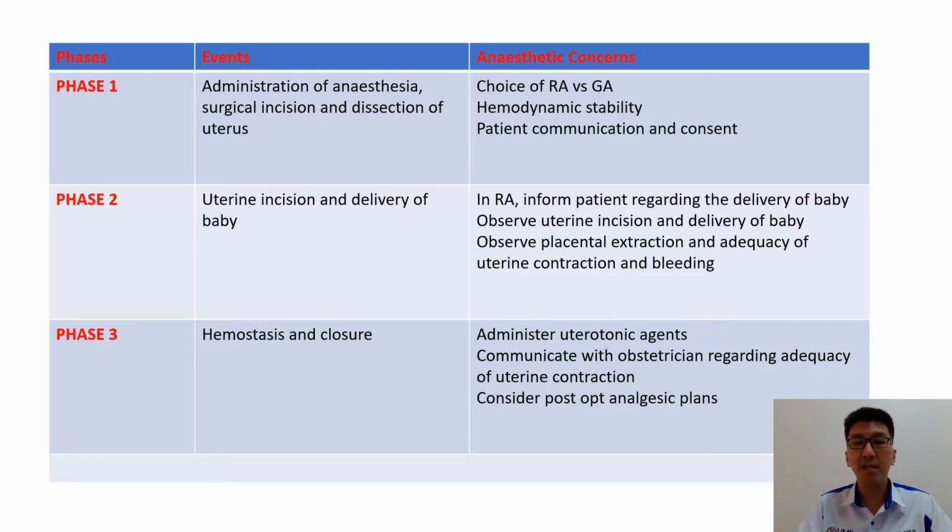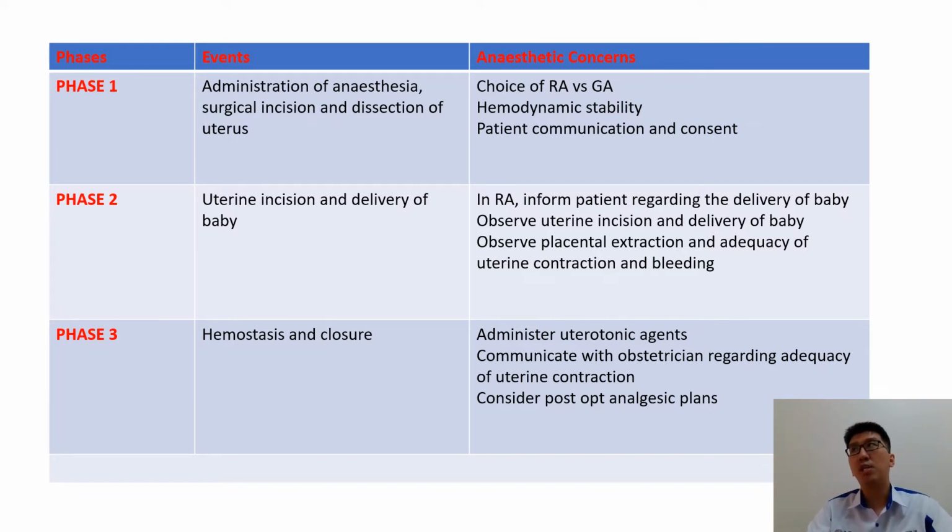Phase 3 is regarding hemostasis and closure, and this is a time whereby we must administer uterotonic agents such as Pitocin after the baby has been delivered. Regarding the communication, we must always communicate with the obstetrician regarding the adequacy of uterine contraction.